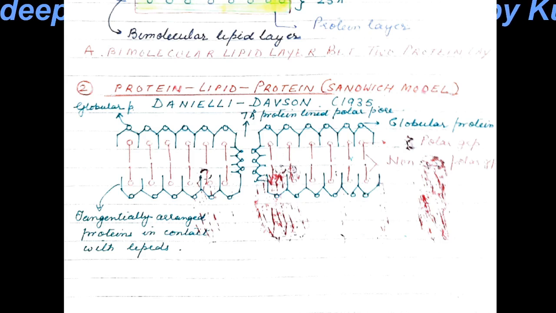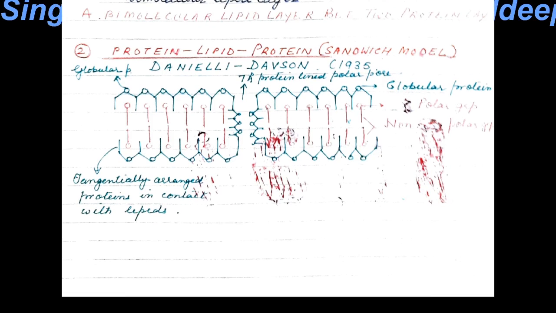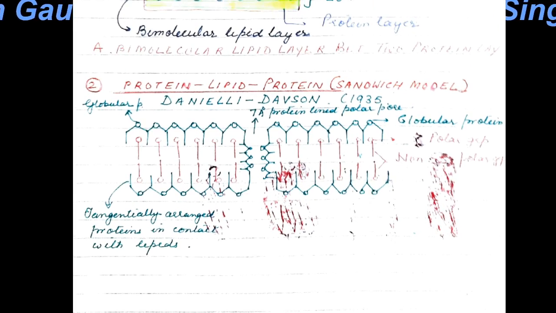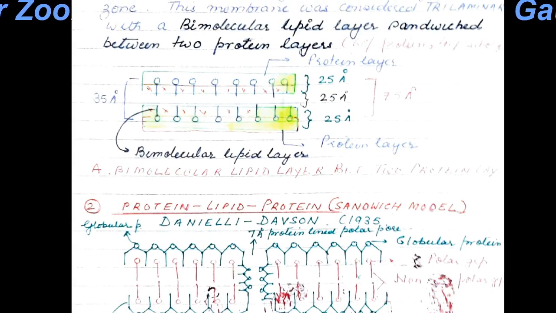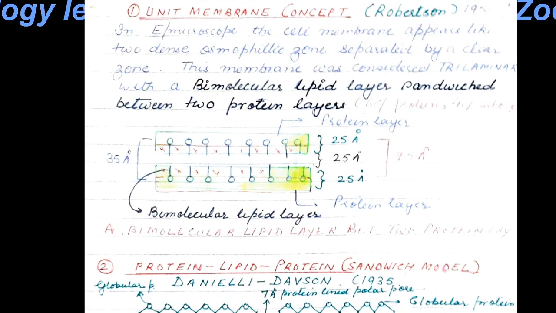So this was another model which was discarded later on, and the model which is most important to you is the fluid mosaic model. Many a time the unit membrane concept is also asked in the examination, but the most important one is the fluid mosaic model.